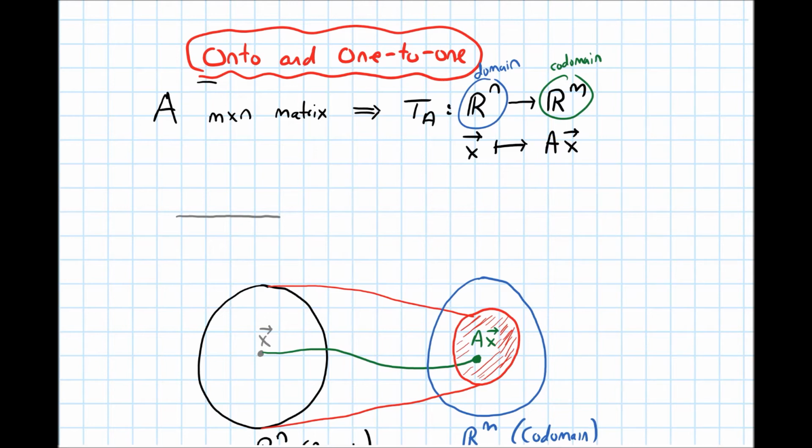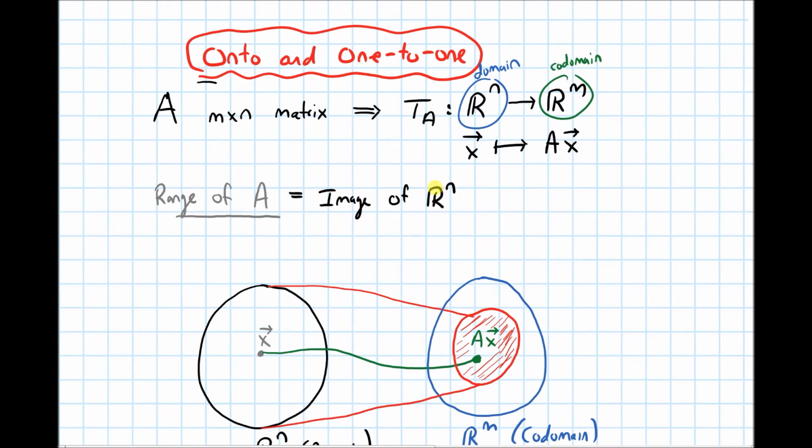Okay, so we've talked before in an earlier video in this section about the range of something, so the range of A, but I want to define it a little bit more formally. So the range of a transformation, or in this case the range of the matrix, is the image of all of the inputs.